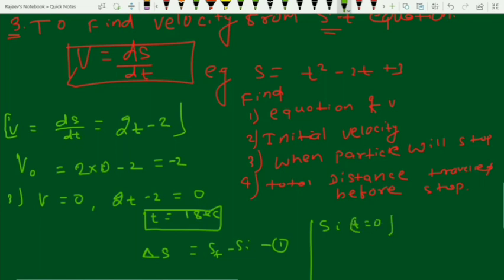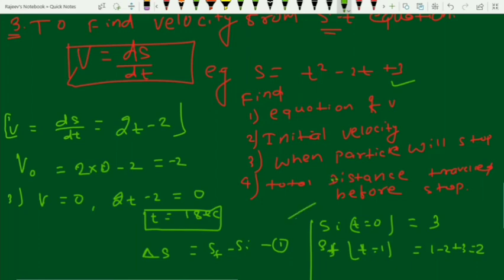This is the equation of position, so put t is equal to 0. So this is 3. Final position is when it will stop, at t is equal to 1 second. Put t is equal to 1, this becomes 1 minus 2 plus 3, so 3 plus 1, 4. This becomes 2.